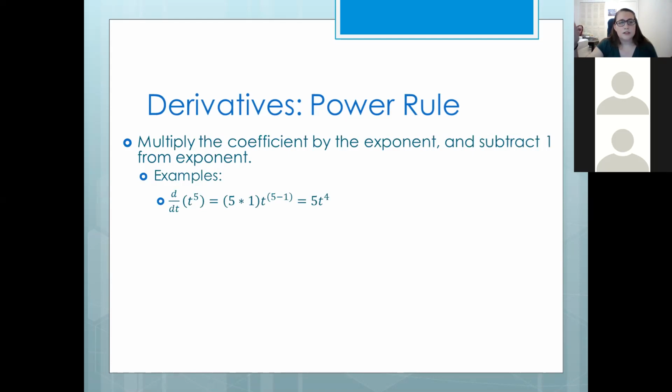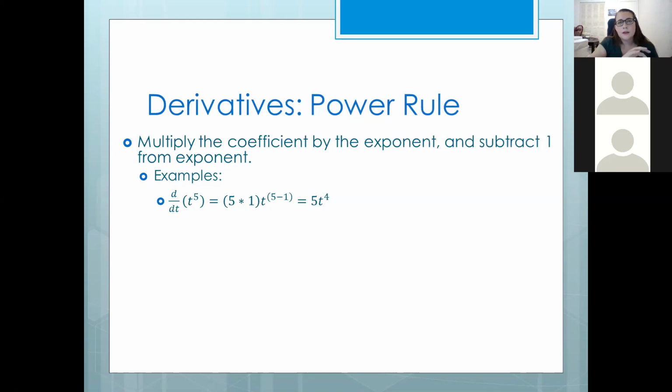So if our function is t to the 5th power, when we take the derivative of this function, we're going to multiply the coefficient by the exponent. In this case, the coefficient, the number in front of the t, is just an assumed 1. We don't actually have to write 1 t to the 5th, but that's the same thing as t to the 5th.